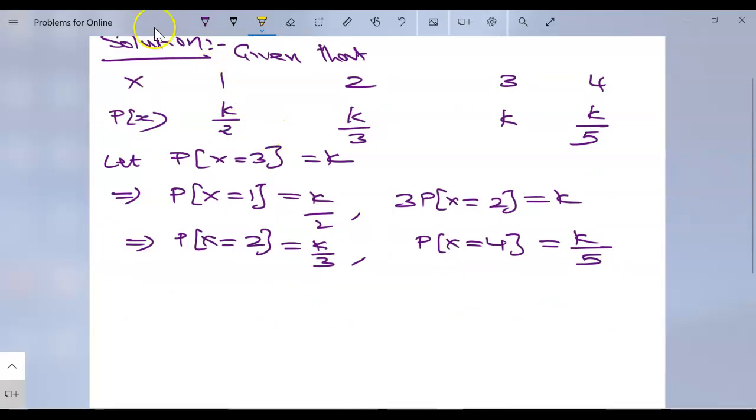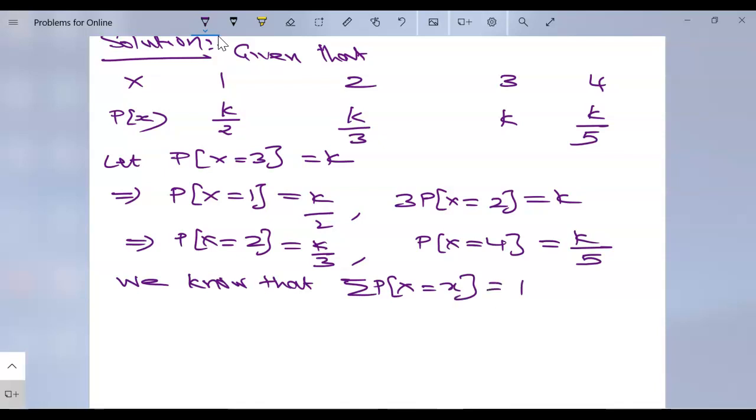How to find this value of k is, I will write it as, we know that. I will assume you also know that. The summation of probability of x equal to x, when I add all the probabilities, is equal to 1.